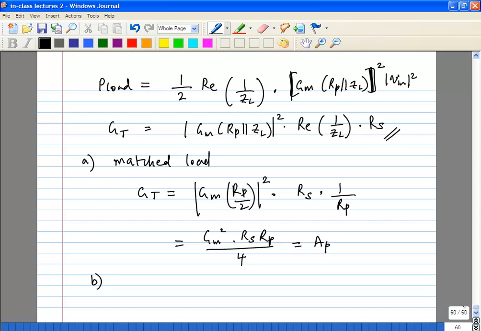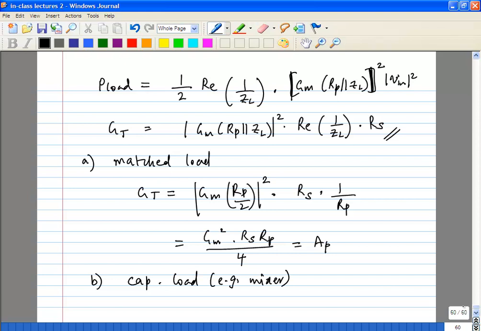Okay, so let's say you're driving a mixer directly, and you have a capacitive load. What do you think your GT is going to be? What is the power delivered to the load?